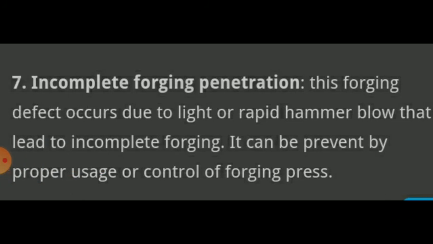Next, incomplete forging penetration. This forging defect occurs due to a light and rapid hammer blow that leads to incomplete forging. It can be prevented by proper usage or control of the forging press.